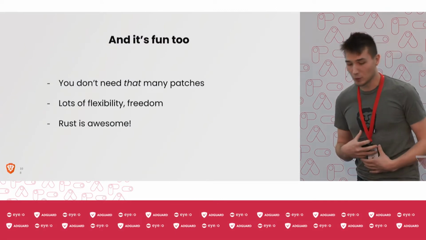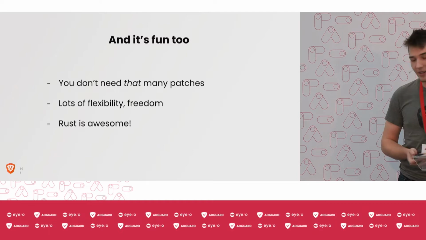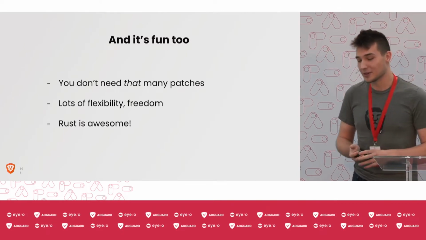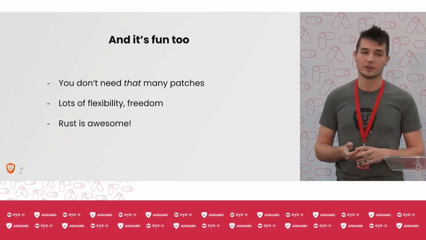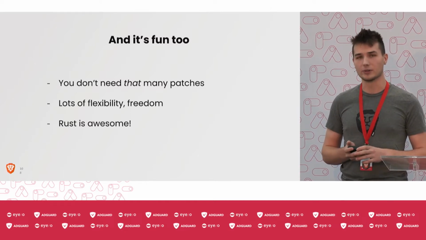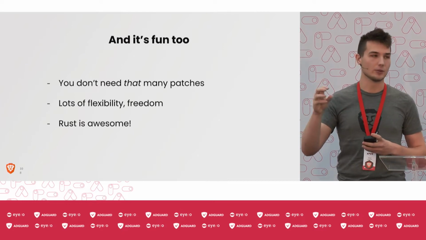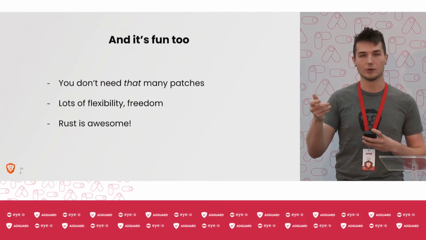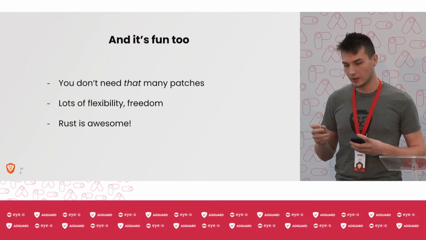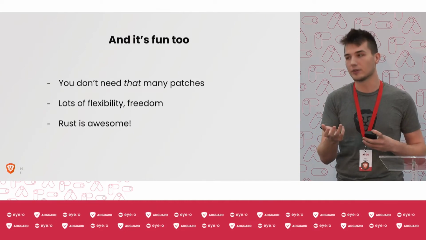And speaking from my own personal experience, since I build ad blocking into the browser, I think it's a lot of fun, right? You actually don't need that many patches to have a good result. If you think about an ad blocker, you basically need to make decisions in the network stack as to whether a request needs to continue or be stopped. And so that's a small patch. And then you need maybe to inject some CSS or JavaScript into a page.